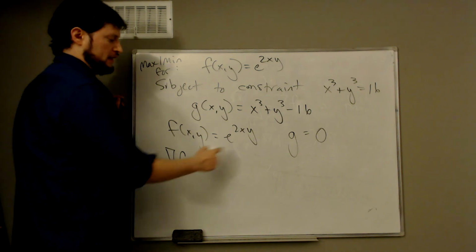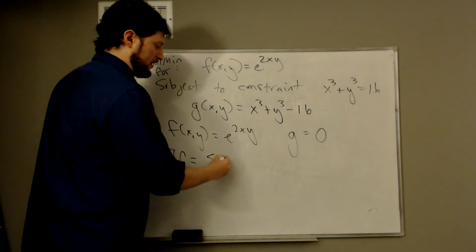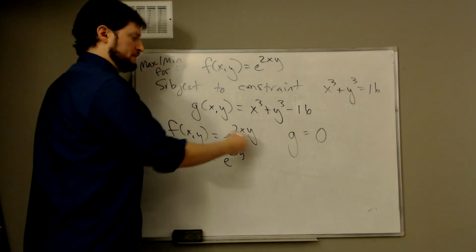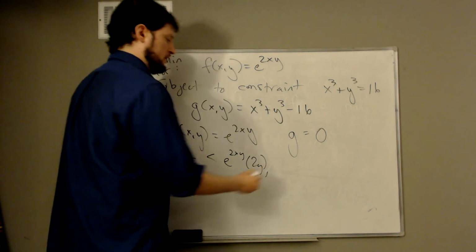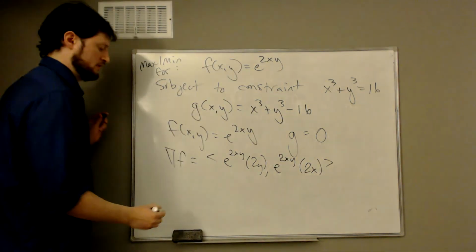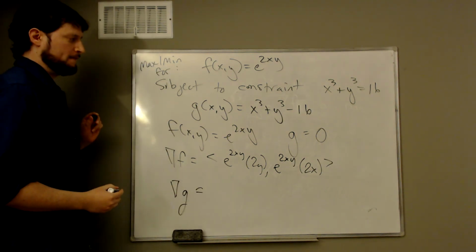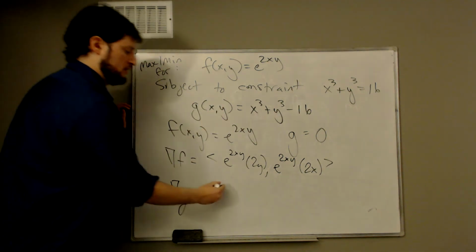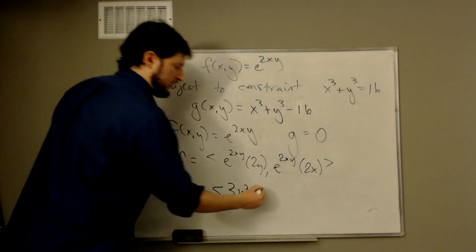If I take the derivative with respect to x, we have e to the 2xy times the derivative of the exponent, which is 2y. And we have e to the 2xy times 2x. For grad g, the derivative of g with respect to x is 3x squared, and with respect to y, 3y squared.